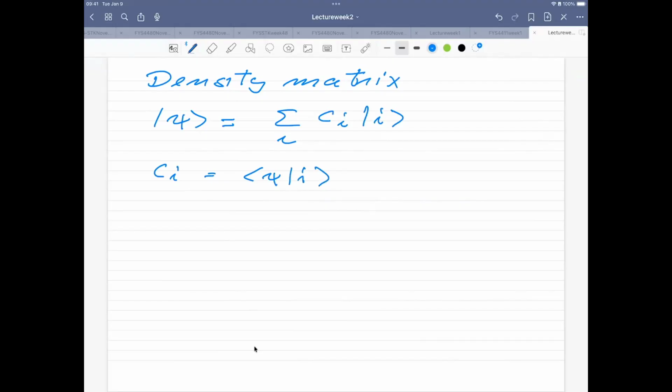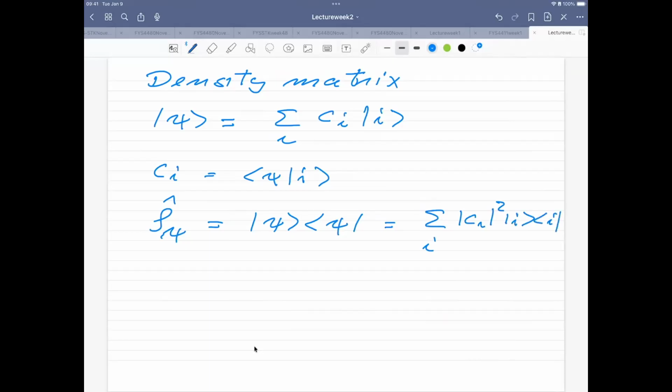Then what we are going to define is the density matrix. The density matrix for this specific state psi is obviously given by the outer product of these two states. And this is the same when you set up the calculations in terms of |c_i|^2 multiplied with |i><i|.